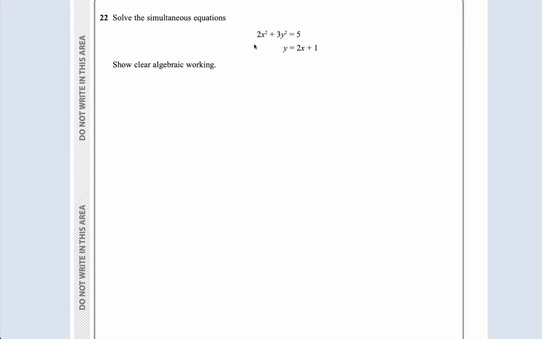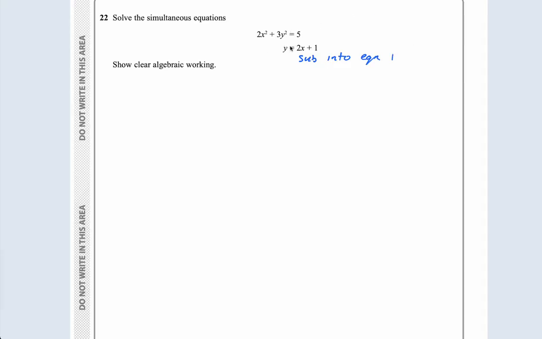Question 22. Okay, simultaneous equations with a quadratic. Again, not easy at all, but familiar. I've seen this question many times. And they've given us y nicely. I don't have to rearrange it. So I'm going to sub this into equation 1.